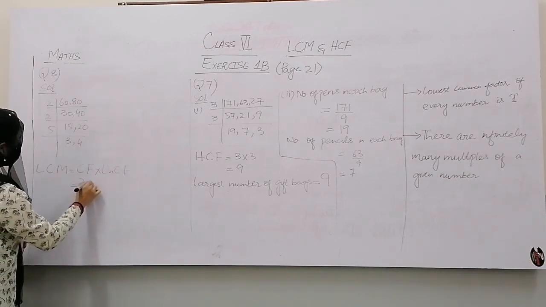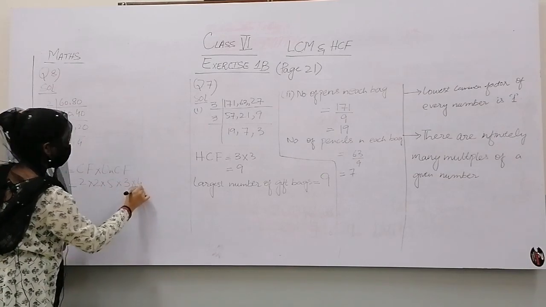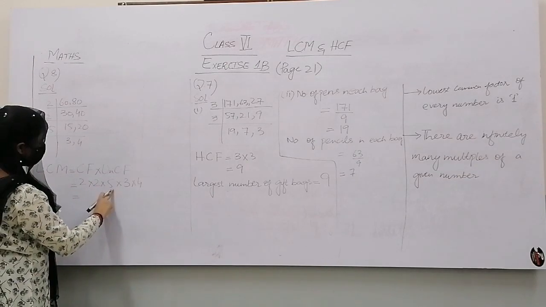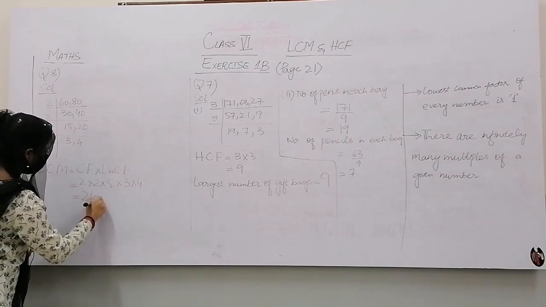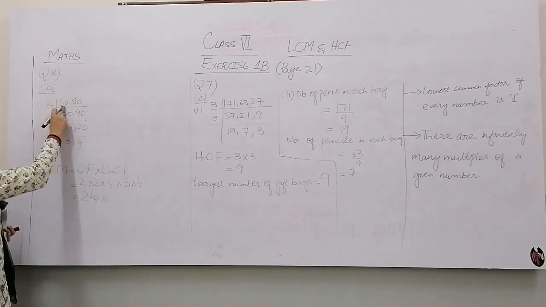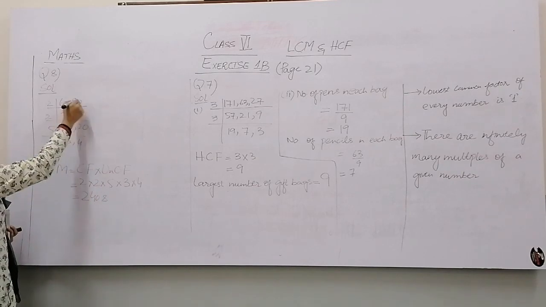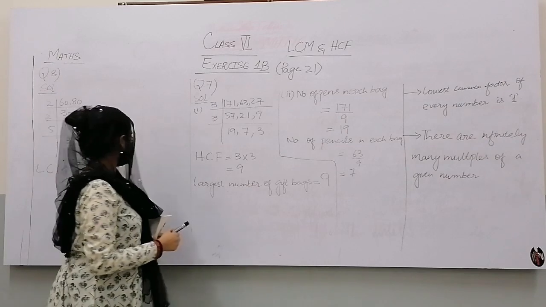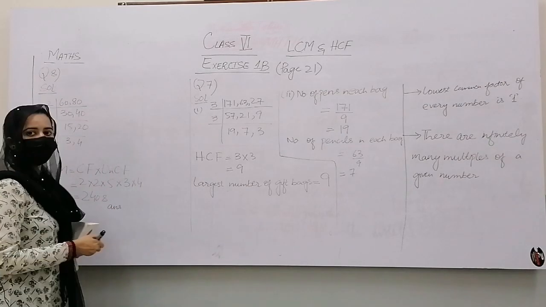That is 2 into 2 into 5 into 3 into 4. 2 twos are 4, 4 fives are 20, multiplied by 3, 60, 240 seconds. Because initially we started with seconds, so here unit will be seconds. 60 seconds and 80 seconds, answer will be in seconds. So first part is solved. This one is the answer to your first part.